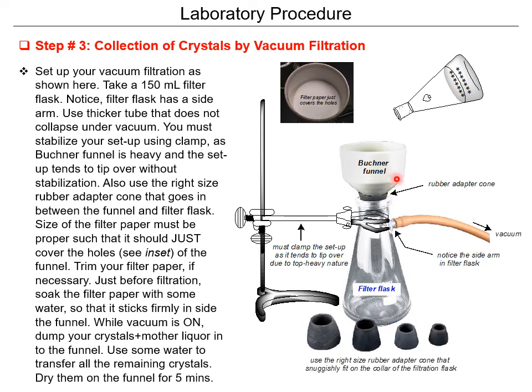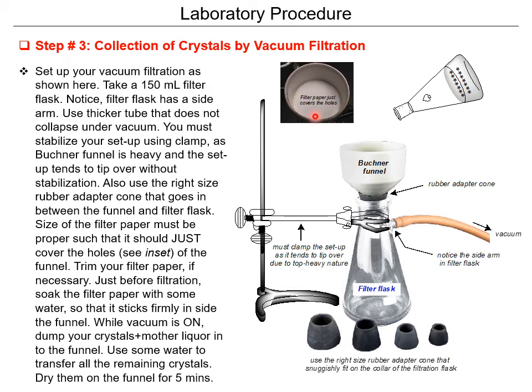So once you have your crystals here, grab your filter flask and you turn on the vacuum. This is a vacuum line right here, right? And you pour in your solution slowly, carefully. Try not to let any of the solution go to the sides of the filter paper.